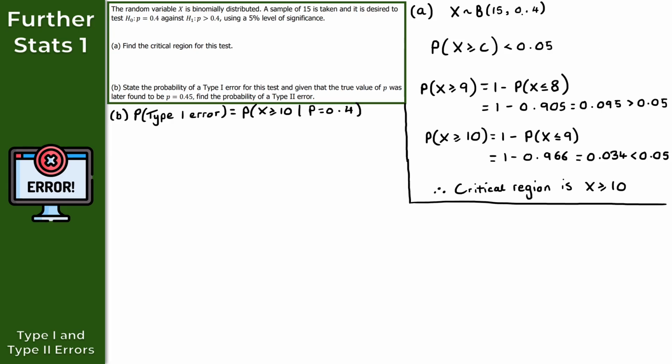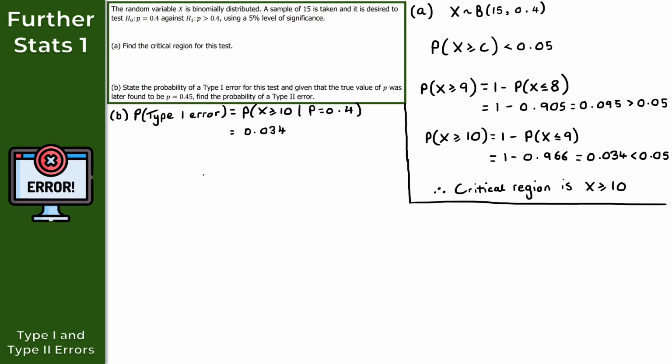We did this for the previous part, and that is simply this value here of 0.034. So that's the type 1 error.